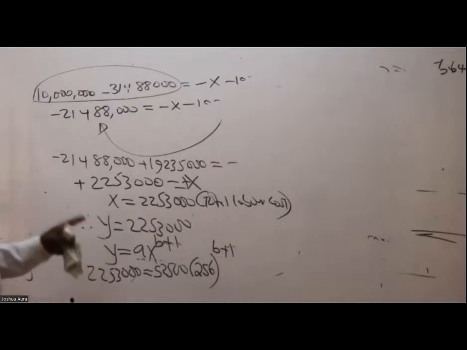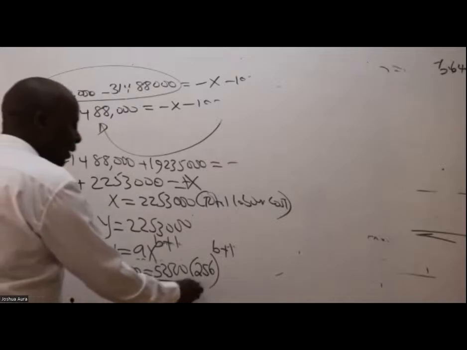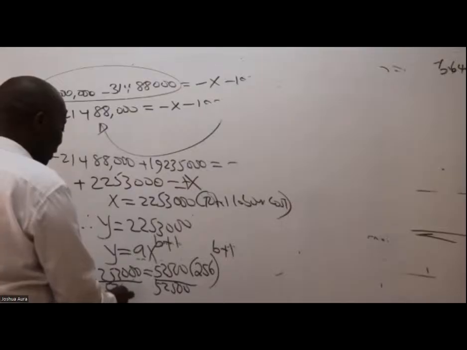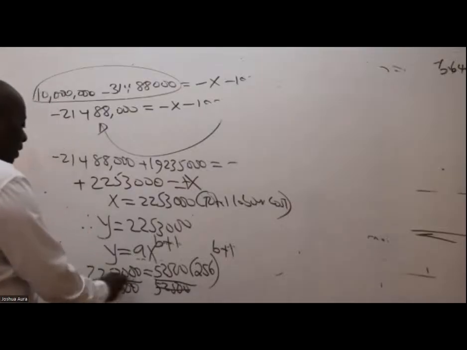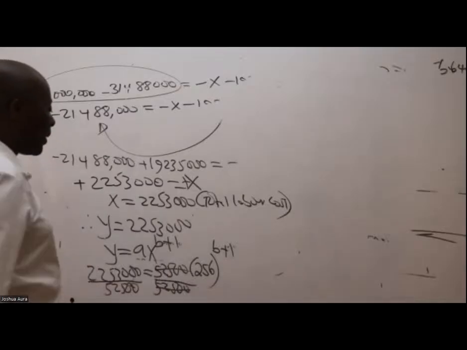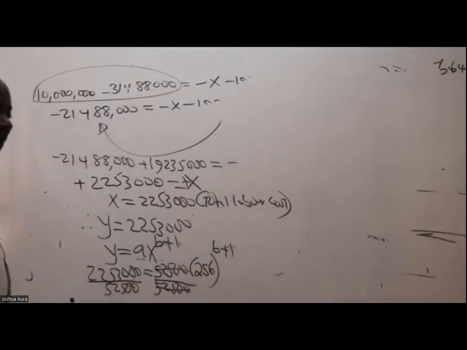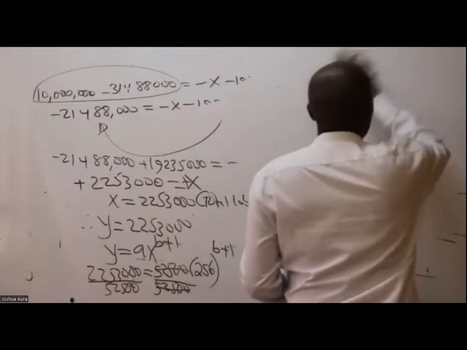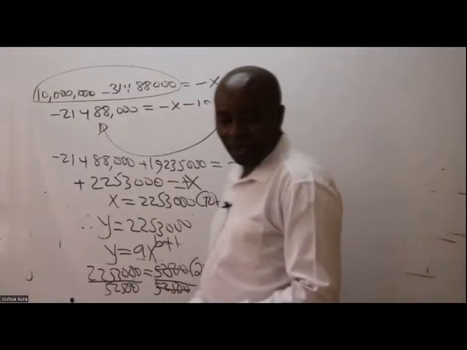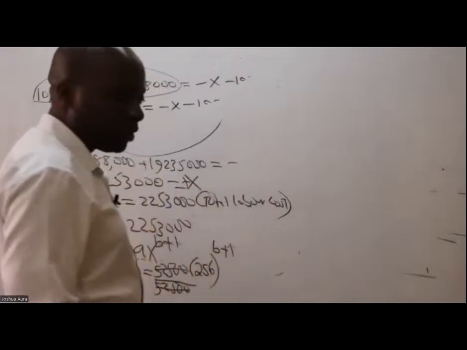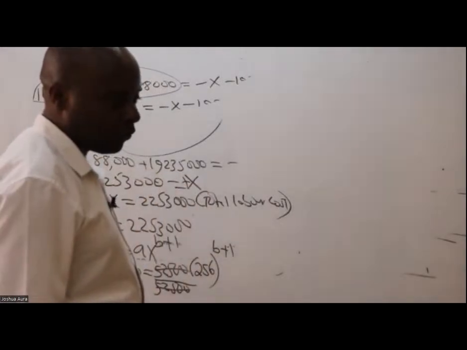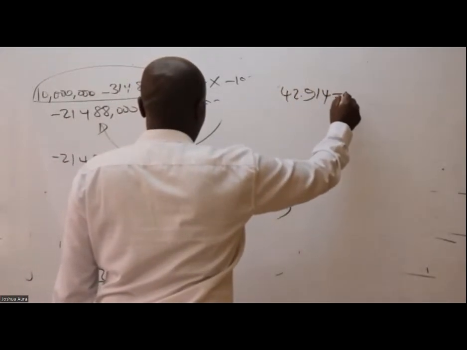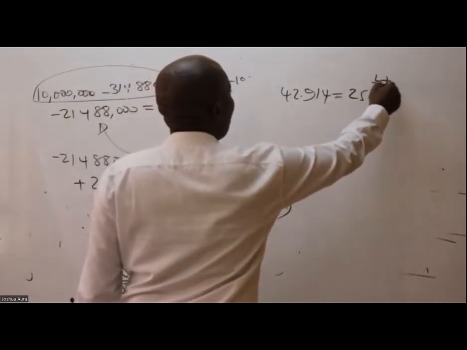Let me finish this to the end and then revisit it once. What I'll do is divide both sides by 52,500. What are we getting here when we divide this by this? Please give me this quotient. Unfortunately, only one student is giving an answer: 42,914. So 42,914 equals 256 raised to B plus 1.